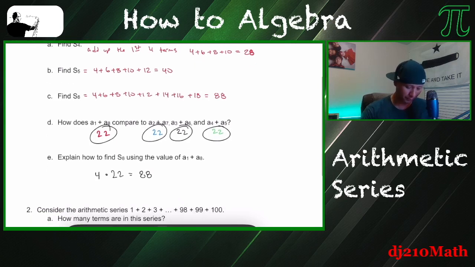So it was the number of pairs. Because it says to explain, not necessarily show, we haven't explained anything yet.